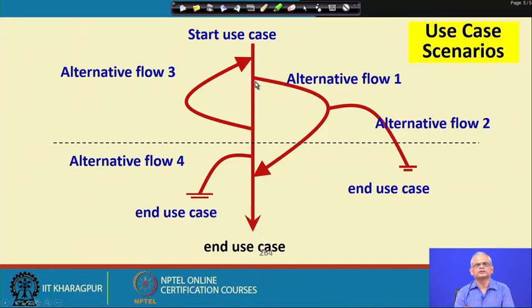At some point in the main scenario, the alternate flows occur, and these may actually end, or they might just have a separate set of actions and then have similar action as the main line. Now, if this is a kind of description of a use case with different scenarios, then how do we design the scenario based testing?